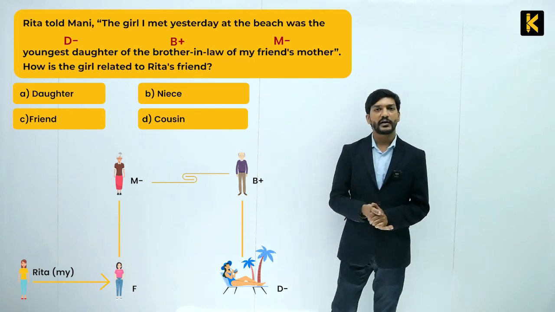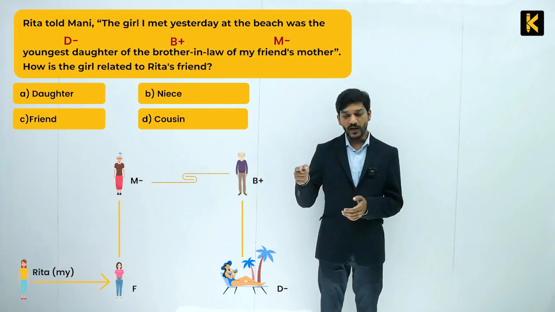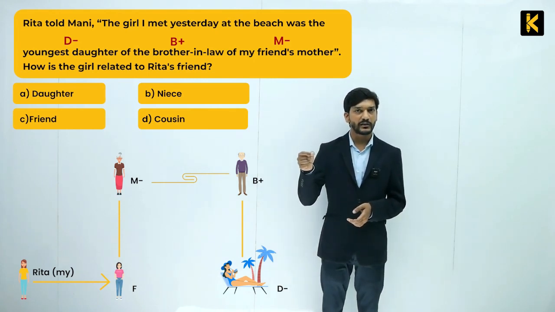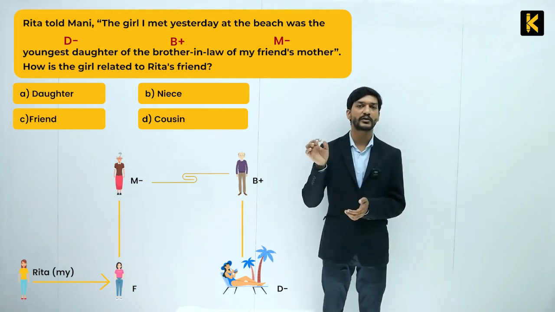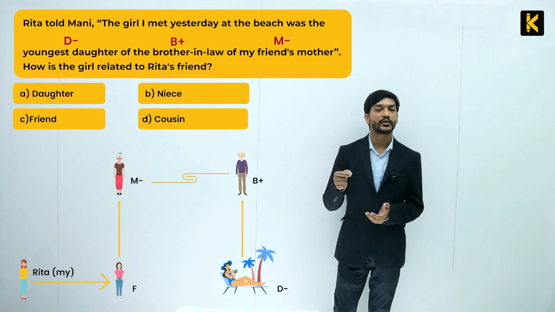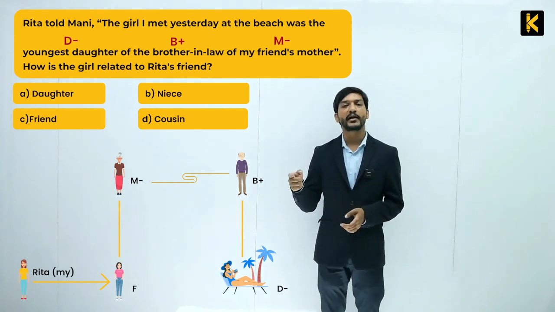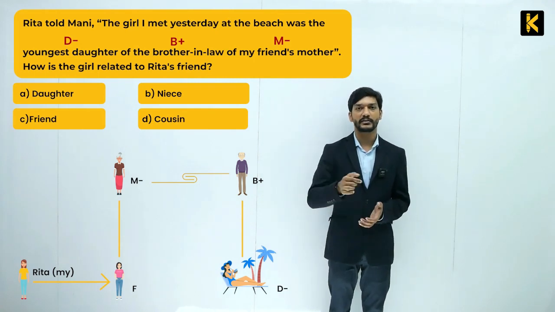Now go back in the statement again. Now the statement, please start from the first. That girl I met yesterday at the beach was the youngest daughter. Youngest daughter means D minus. So the girl I met yesterday at the beach was D minus.